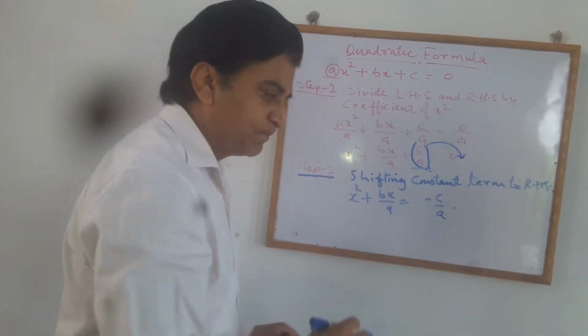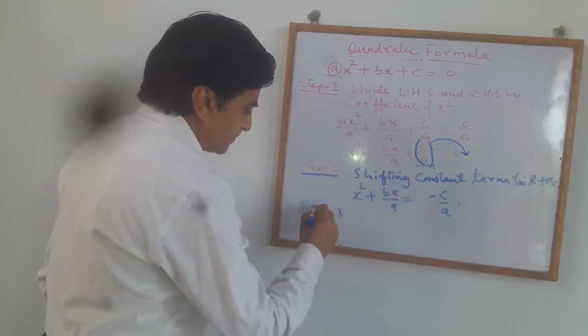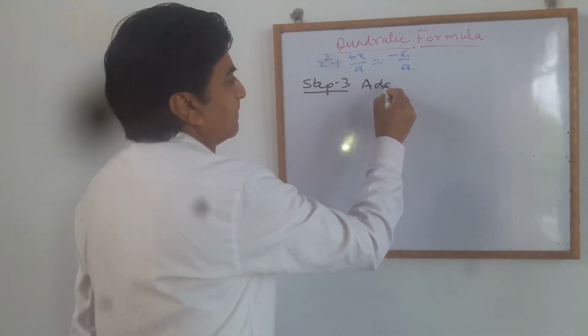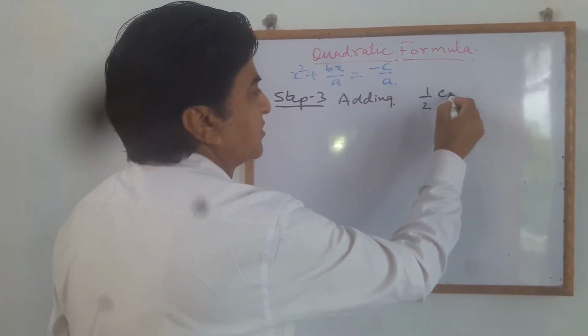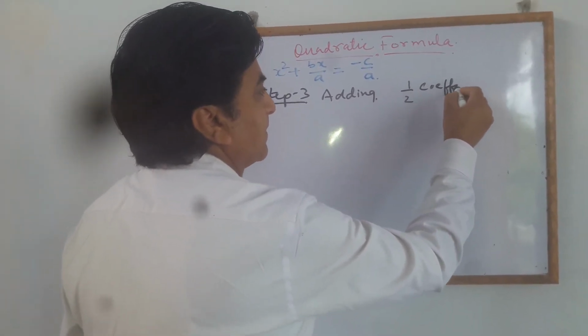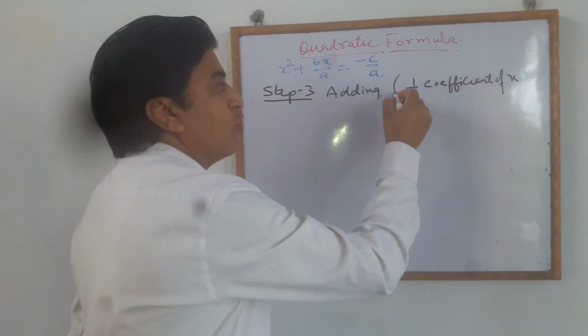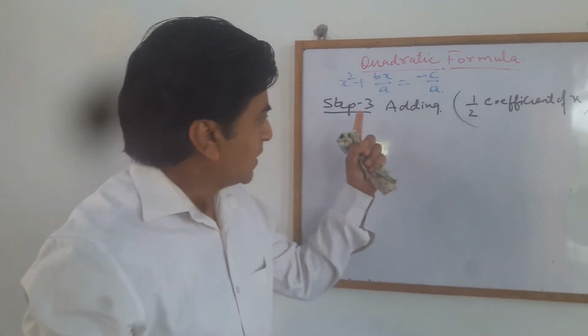Now step 3: adding half of the coefficient of x whole square. Understand please?